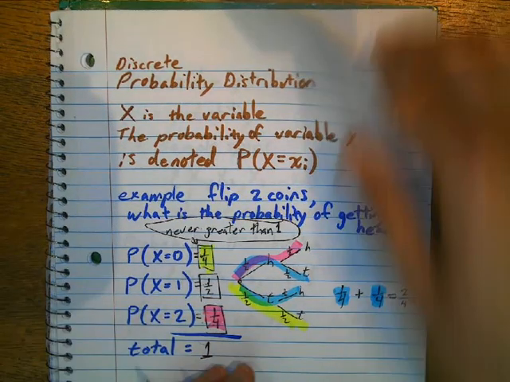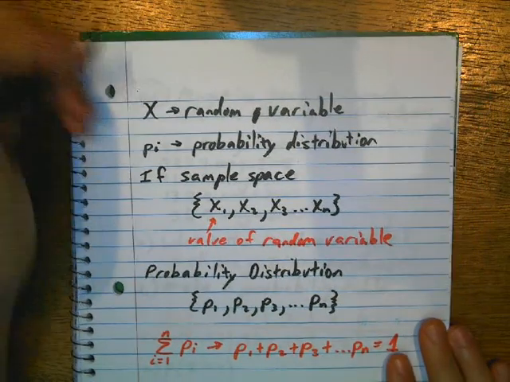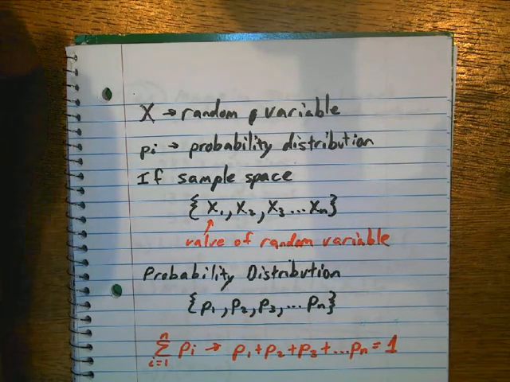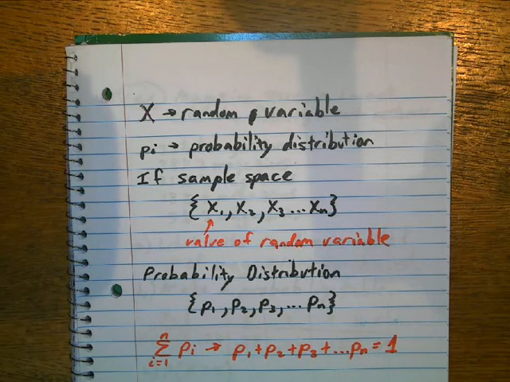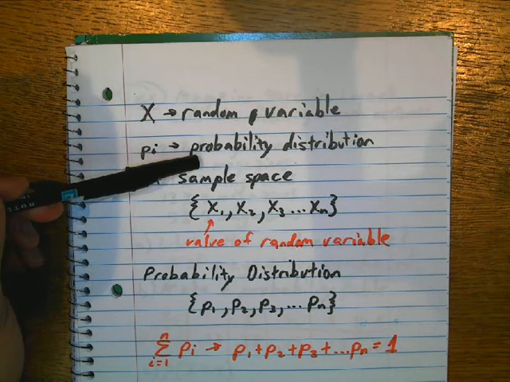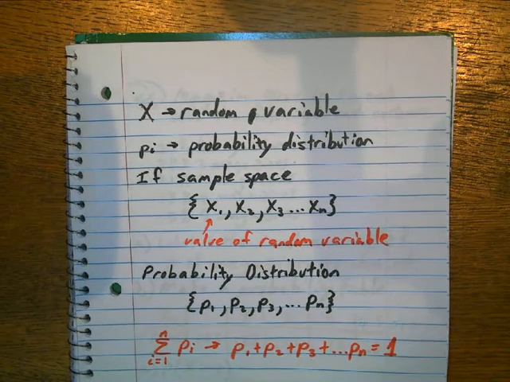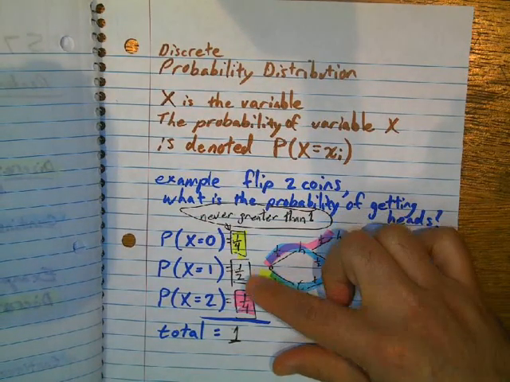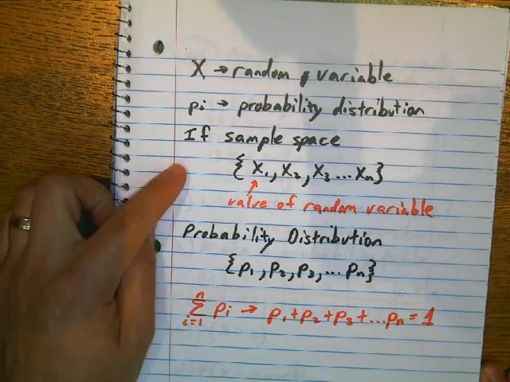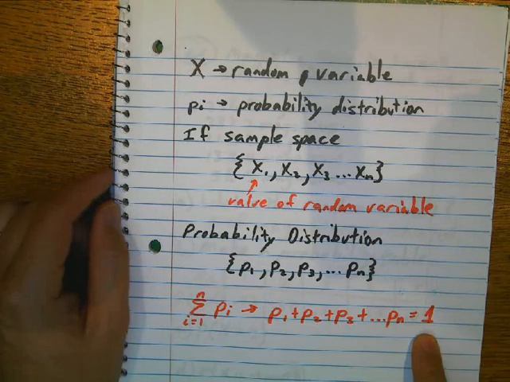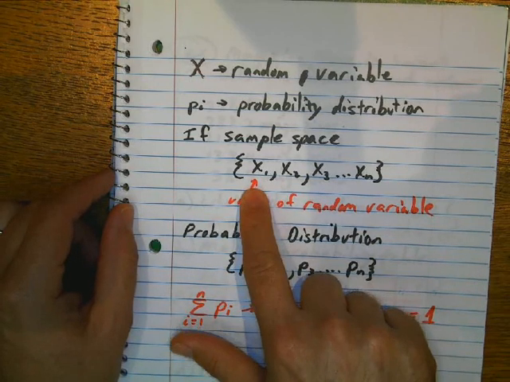Okay, let's do another example. Or let's take some notes first. So we just said the capital X is going to be the random variable. In the previous example, the random variable was how often we're going to get heads. P of x sub i is going to be the probability distribution. So in the previous example, the probability distribution was 1/4, 1/2, and 1/4, and all of the probabilities added up to 1.